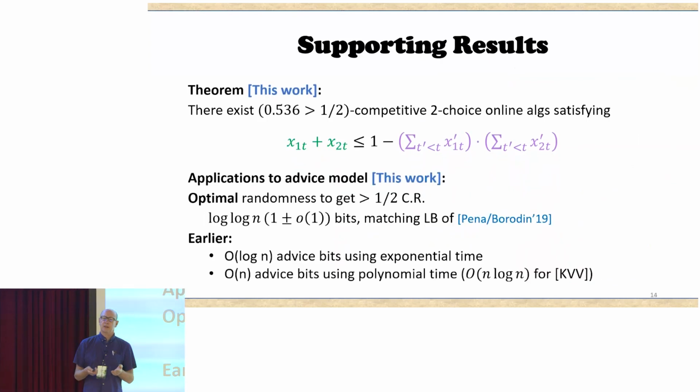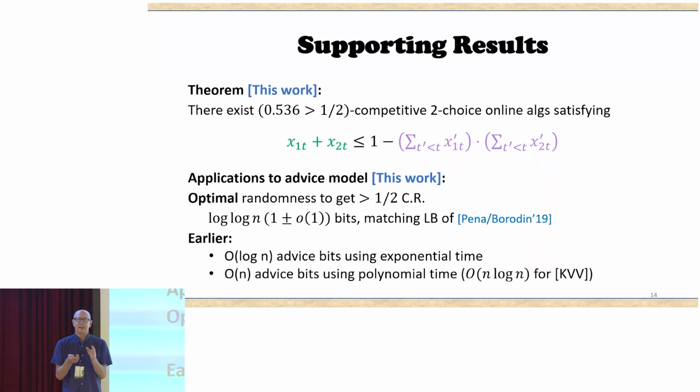I won't get into the precise details of the algorithm, but we get a bound of 0.536, which is better than the 1/2 competitive two-choice algorithm, and which maintains this new constraint.